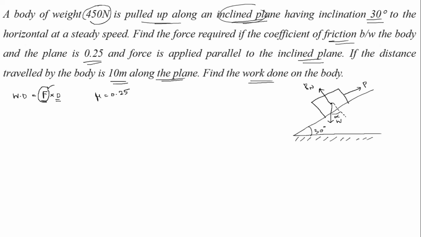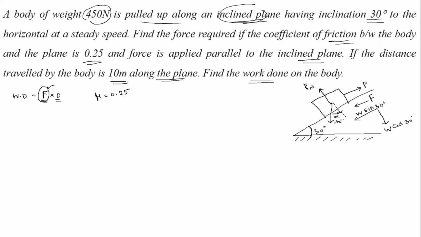The frictional force is acting opposite to the motion of the body, right. W is acting as two components, one along the plane and another perpendicular to it. So, this is W sin 30 degree, because alpha, the inclination of the plane, is equal to 30 degree. Here W cos 30 degree.